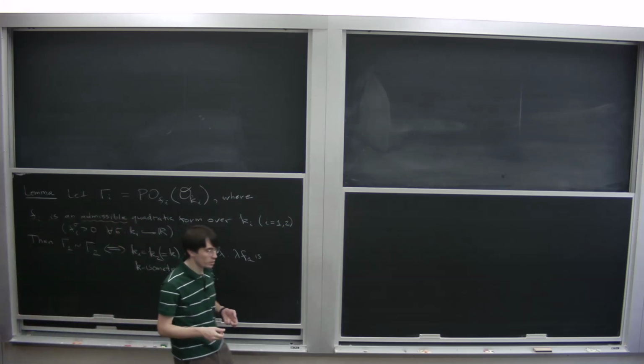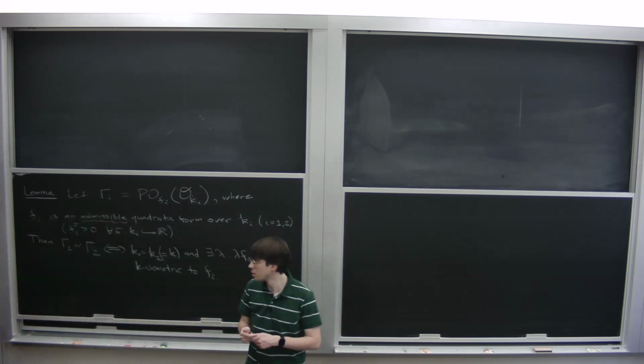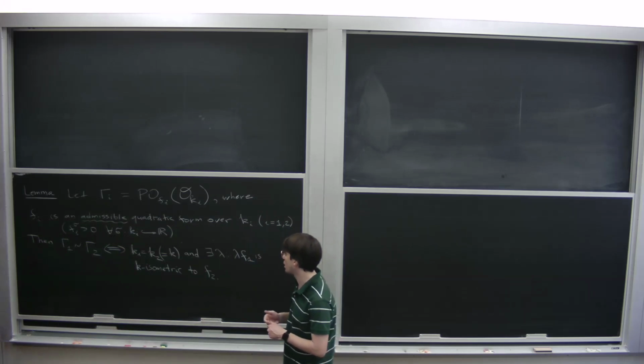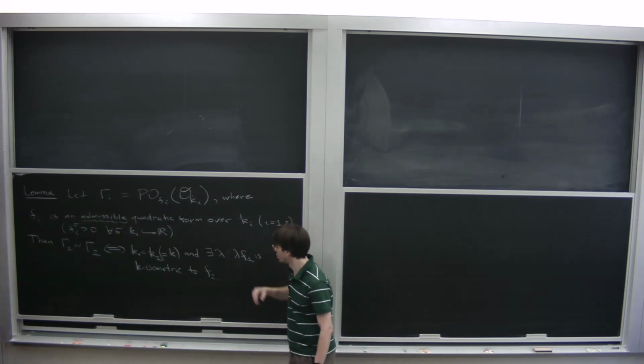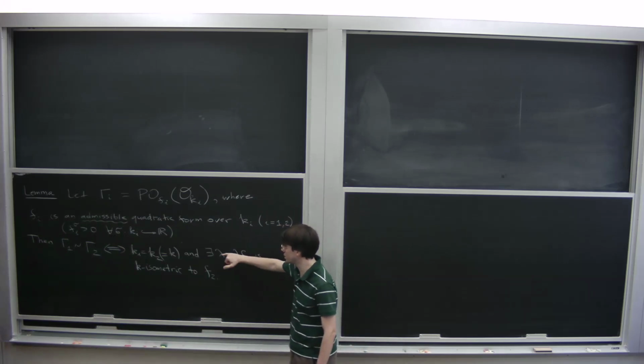So this means that I can basically scale, and by the way, this lambda should be from the field K, right?